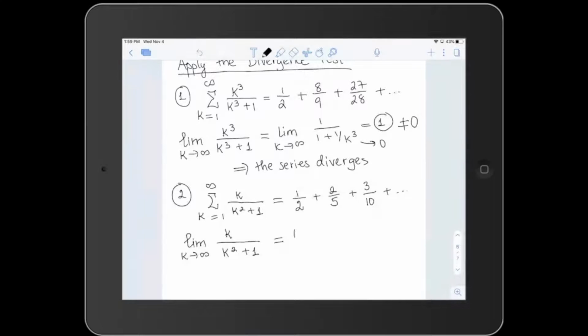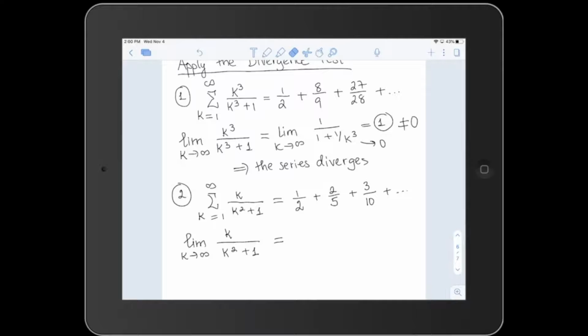The limit is 0. Why? You guys agree with Zachary? He says the limit is 0. He's right. Why is the limit 0? Is it just because the bottom's going to get bigger so much faster than the top? Yes. So you can also divide by k, or you can divide by k squared.